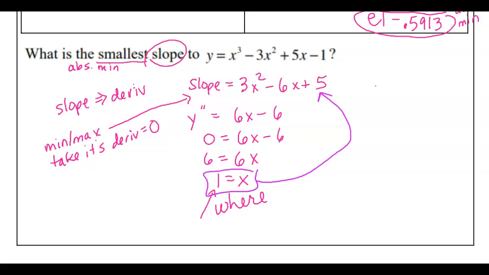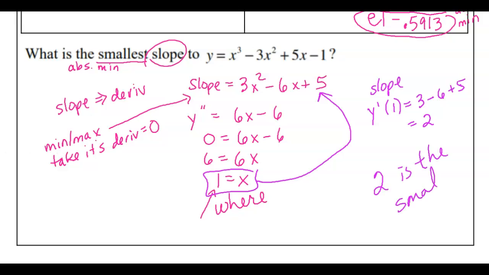So if I plug in 1, so we'll just call this y prime of 1, I would get 3 minus 6 plus 5. So 8. 8 minus 6 is 2. So 2 is the smallest slope.